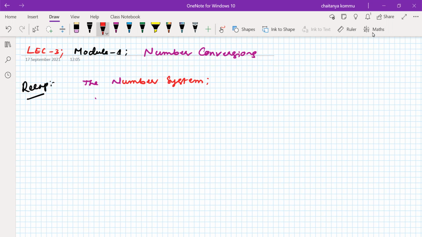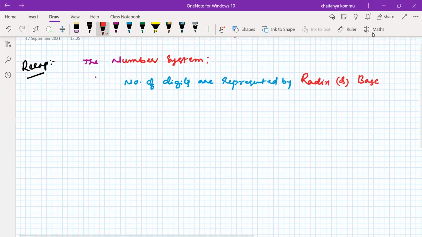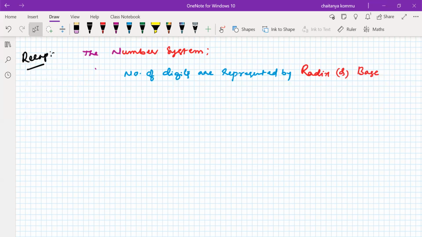The number of digits is represented by the radix, which we normally call the base also. So these are the things we have seen.